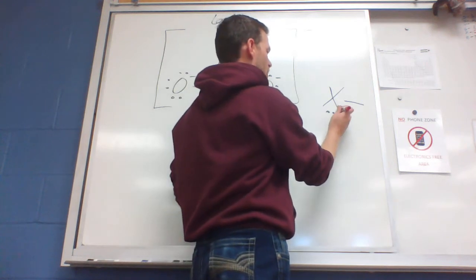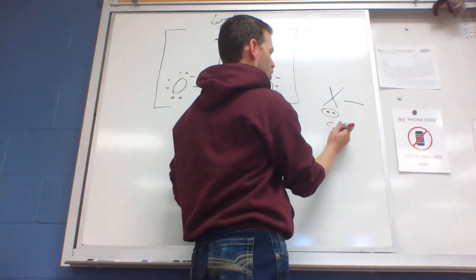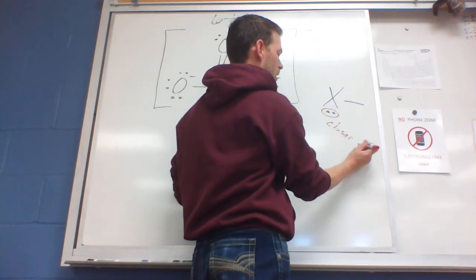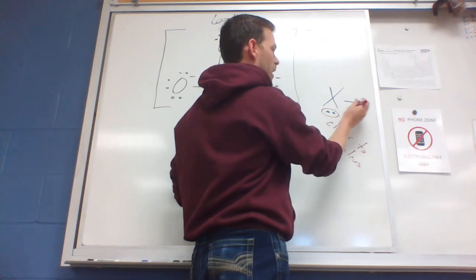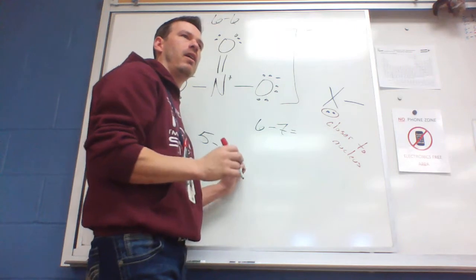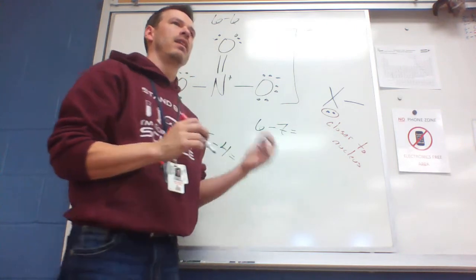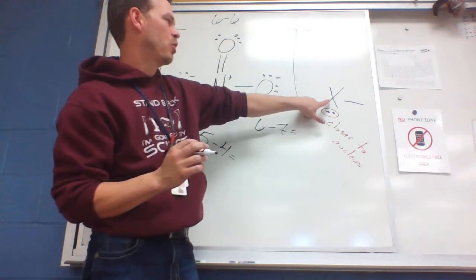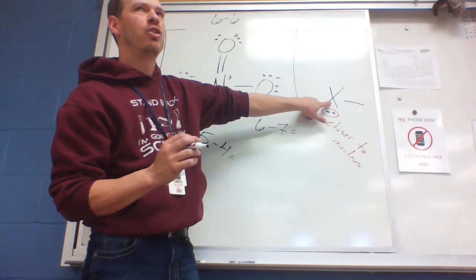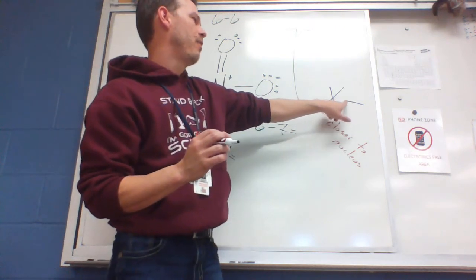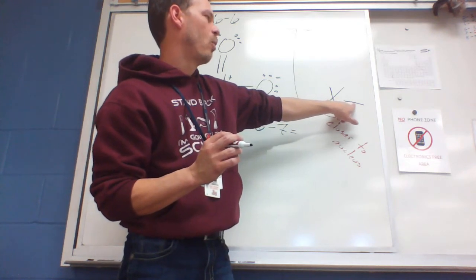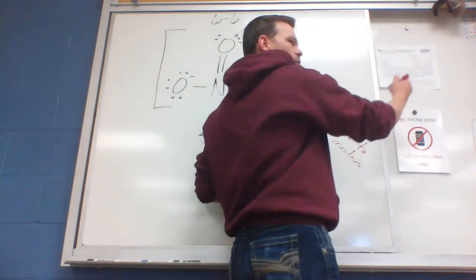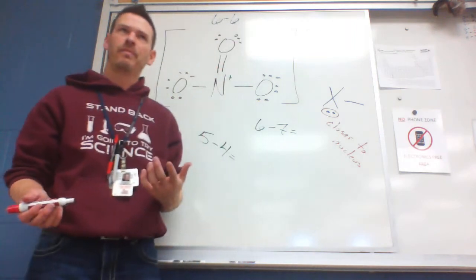I want you to know that this lone pair is closer to the nucleus than the electrons in the shared pair. A lone pair has electrons that are actually closer to the nucleus of that atom it belongs to than the electron that the atom controls in the shared pair. He's going to be slightly further away because of this other dude over here that he's bonded to.